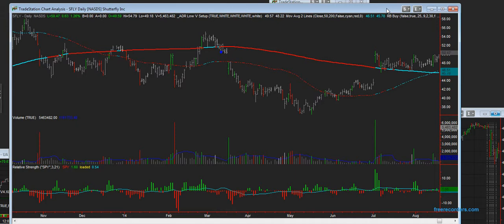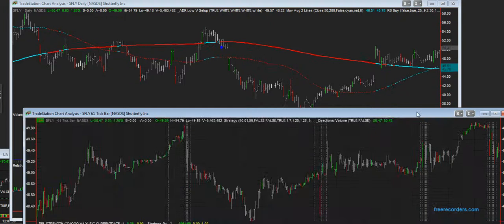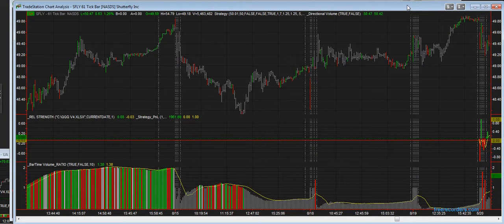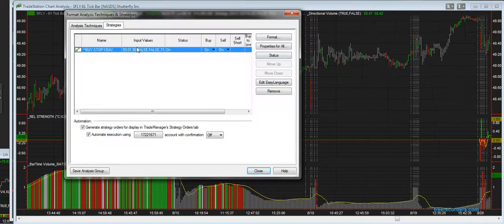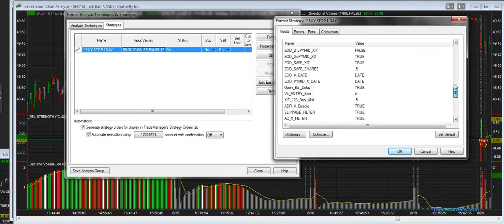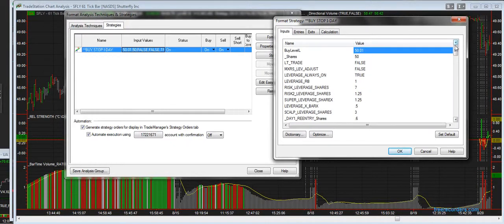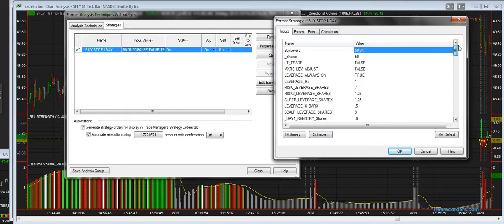But basically I turned the system on intraday, and the way I did that here is I load up a tick chart, and here's my strategy right here. Buy, stop, intraday, and these are all the variables. It's a lot of variables. Most of them are kind of fixed. I've tweaked them, and through experience got the values where I like them.